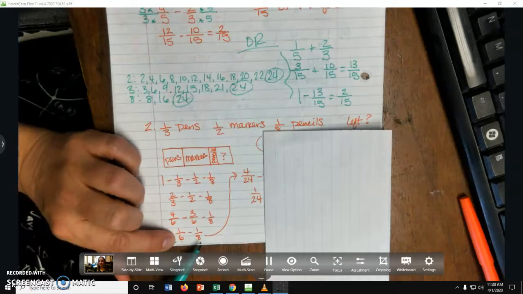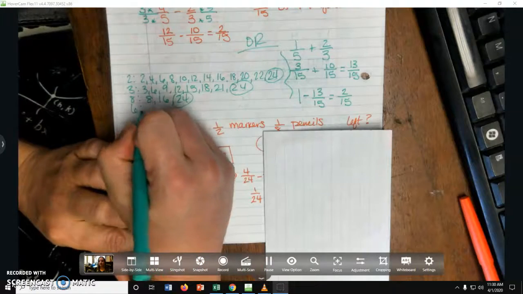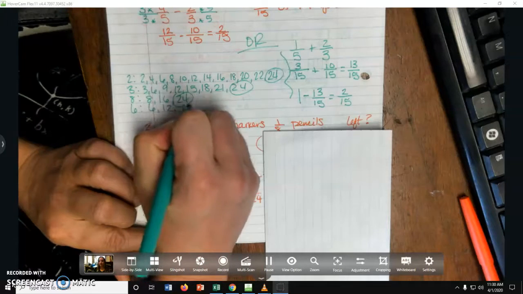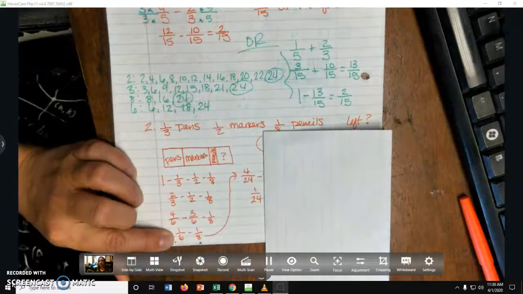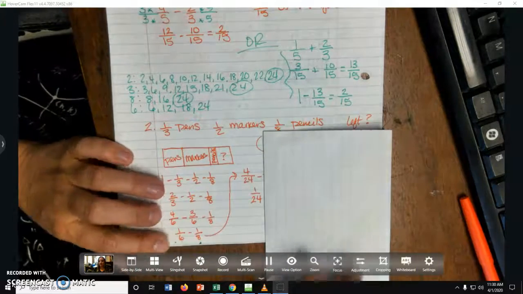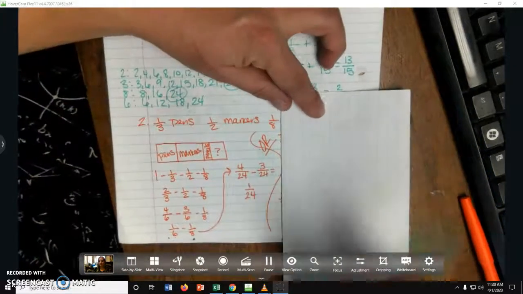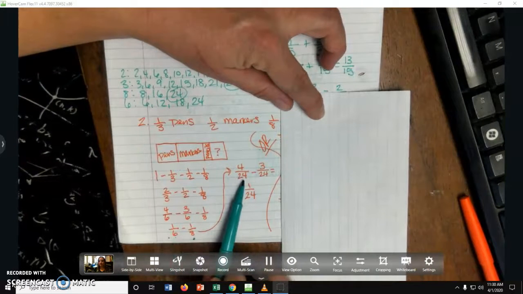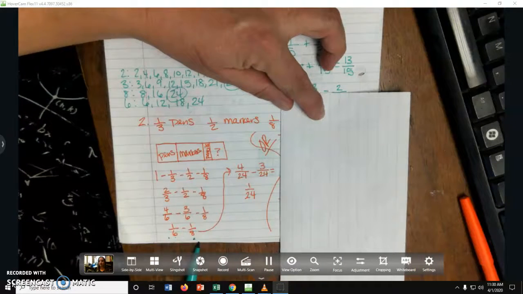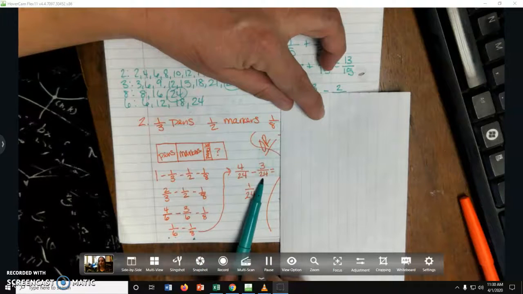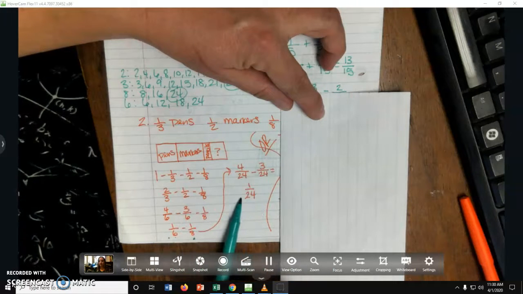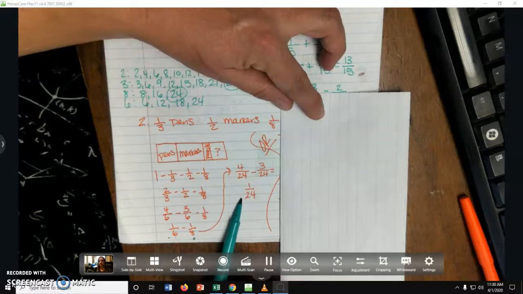Okay, well, I know I didn't list out my 6's here, but if I listed out my 6's, I'm going to find my least common multiple is still 24. Okay, so then I came over here. 1/6 is equivalent to 4/24. 1/8 is equivalent to 3/24. 4/24 minus 3/24 leaves me with 1/24. He had 1/24 of his money left.